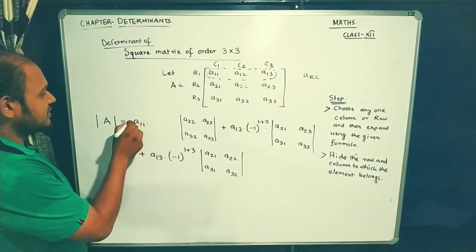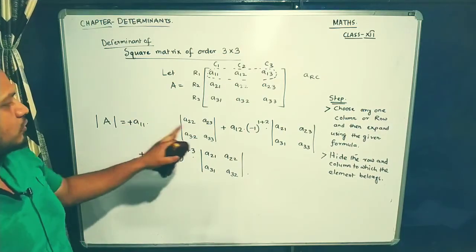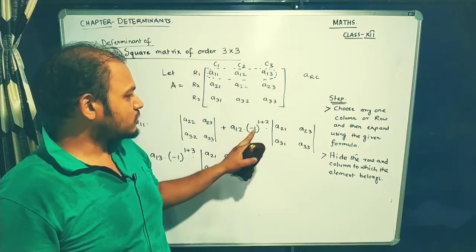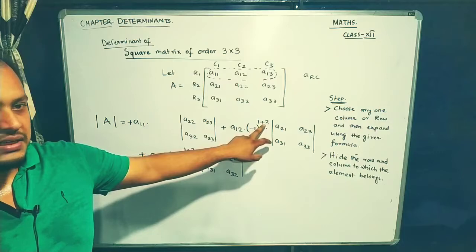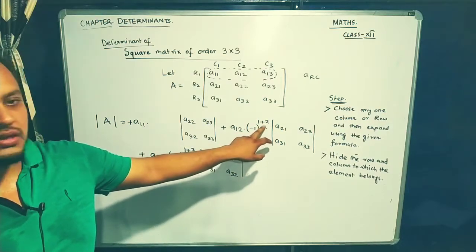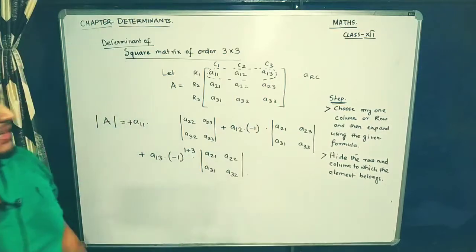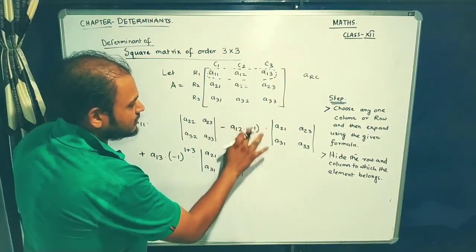It is nothing but a plus sign here. So it is plus 1. Okay. So plus A11 into this matrix. Then you have A12 into minus 1 to the power 1 plus 2. What is 1 plus 2? 1 plus 2 is 3, right? So minus 1 to the power odd number is minus 1. So it is nothing but minus 1 here. So placing minus 1 here, or you can place a minus sign here and just rub it out.